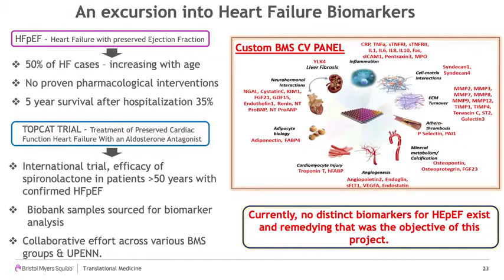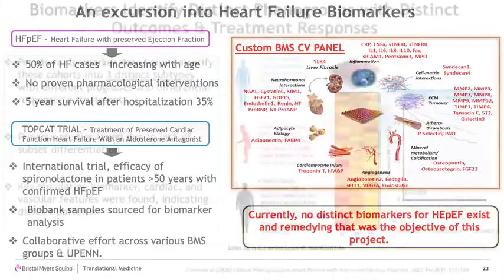We profiled those samples using a custom BMS cardiovascular panel that includes 50 analytes covering a multitude of biological processes, from inflammation to angiogenesis, fibrosis, cardiomyocyte and adipocyte biology, and more.